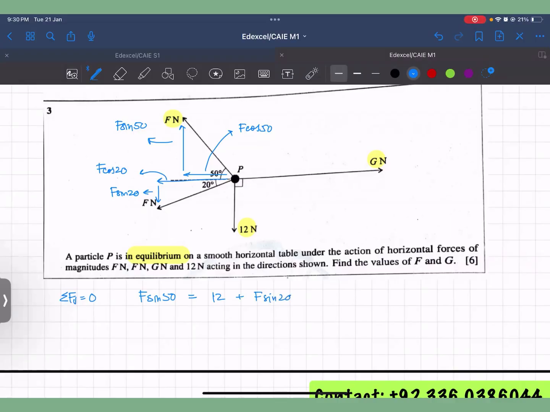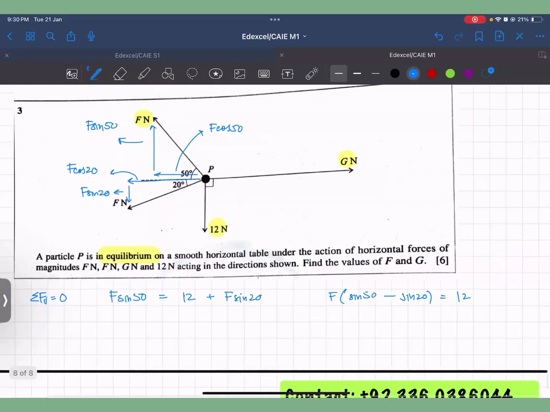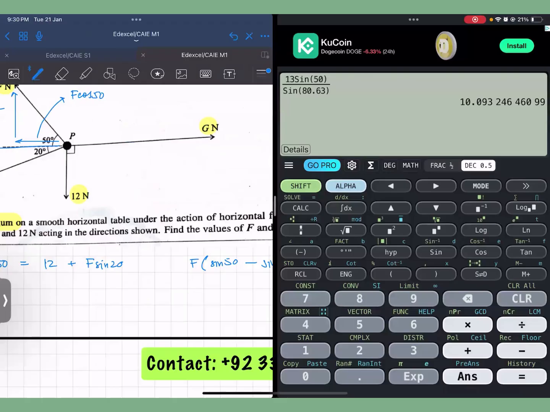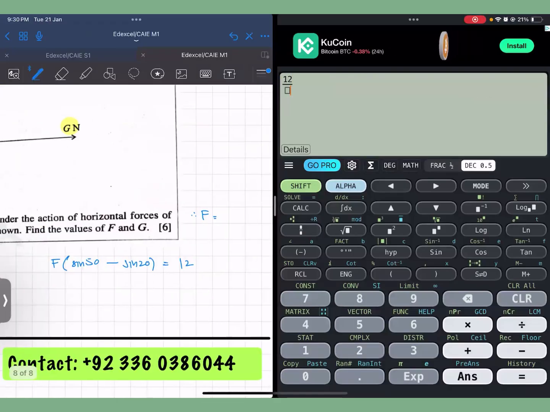You can use this to easily find the value of F, right? So F taken common, F(sin 50 minus sin 20) is equal to 12. So this goes to the other side and we divide. F would be equal to 12 upon sin 50 minus sin 20.